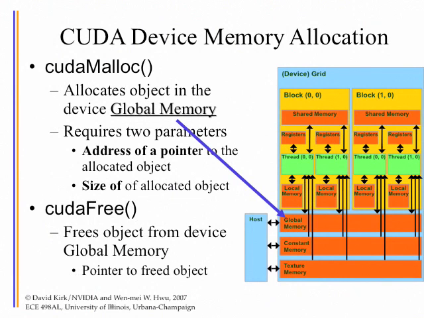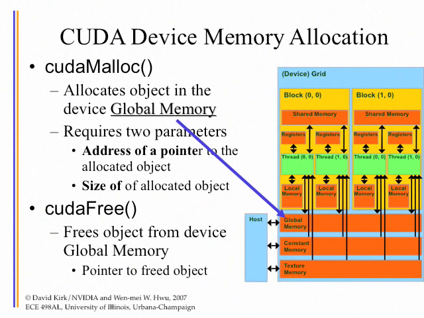The first API function I'm going to talk about is the CUDA device memory allocation, cudaMalloc: lowercase cuda, capital M, alloc. This is a function call that allows you to allocate memory objects in the global memory, and it requires two parameters.